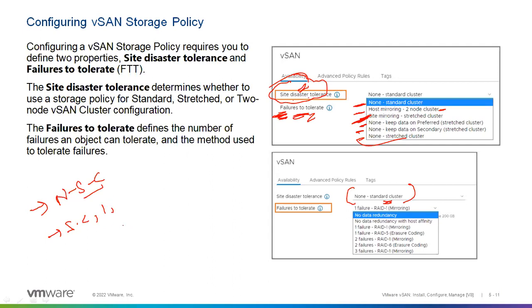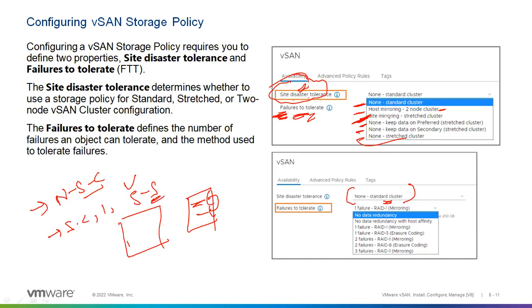We are talking about a cluster that is hosted in a single site, a single physical location. Then if you say host mirroring 2-node cluster, it means we have only applied 2 nodes and still want to do the mirroring of data.